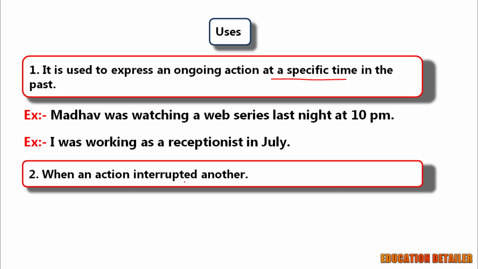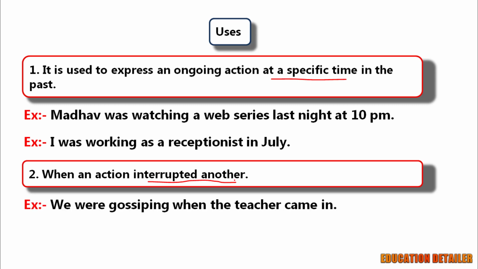We use past continuous when one action interrupted another. Remember, usually the interrupting action is expressed by simple past. We were gossiping when the teacher came in.